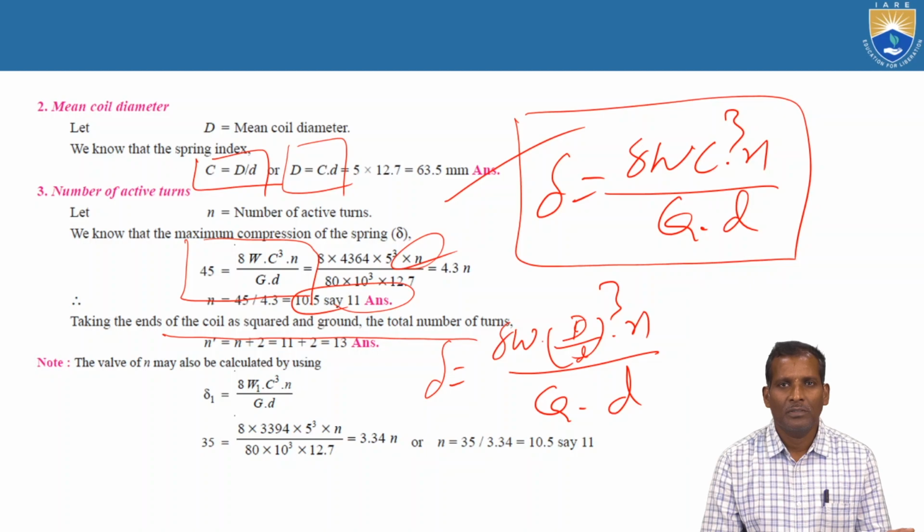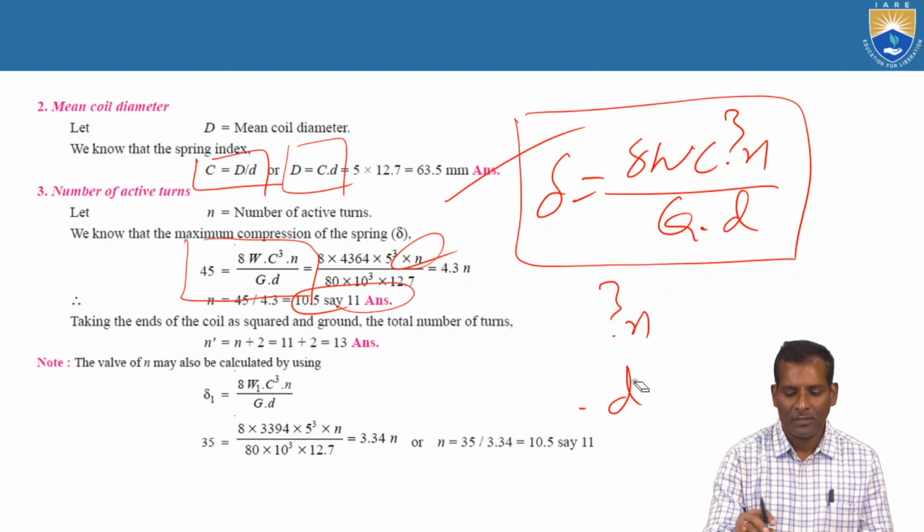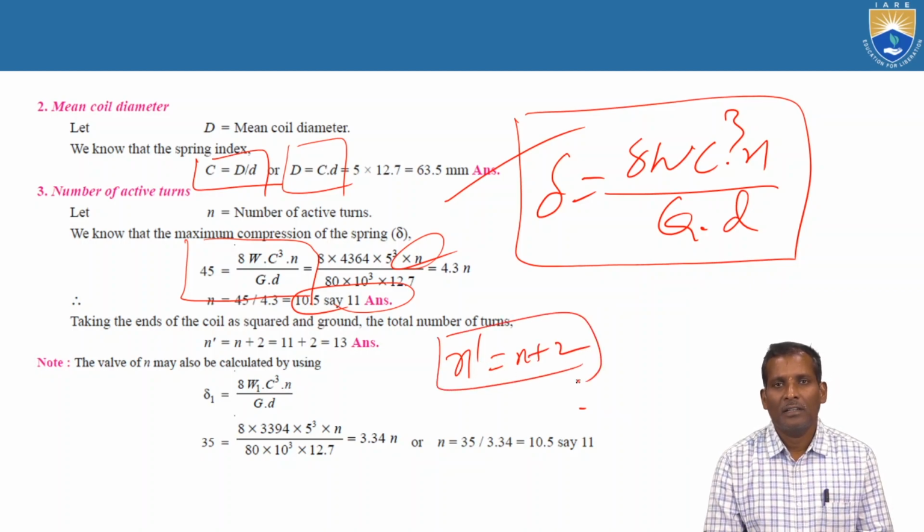So here assume squared and ground, and for this end condition, the total number of turns n dash is equal to n plus 2. Here n is active turns and n dash is the total number of turns.